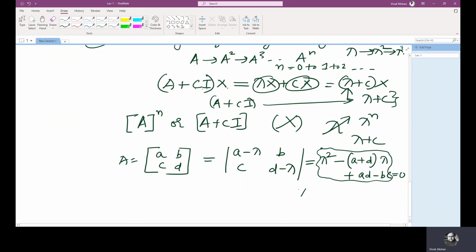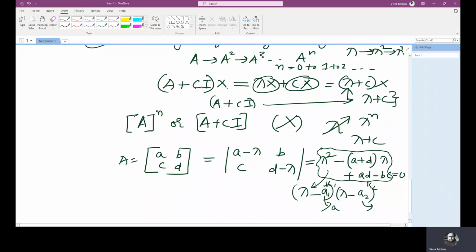This can be written as lambda minus A1 into lambda minus A2. Normally this will look like lambda squared minus (A1 plus A2) into lambda. So here A plus D is there. Basically these are constants K1 and K2.